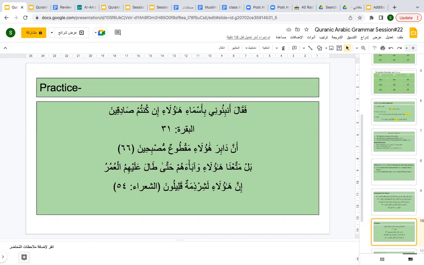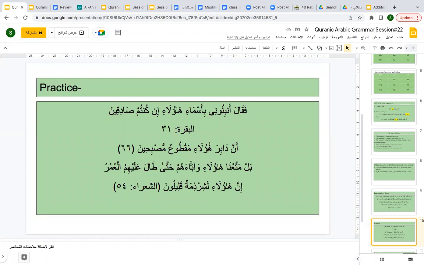So we know, even if I did not tell you, that if we don't consider it as a whole verse, and we just take haulai by itself, wa aba'ahum, we can say that here it is forming murakkabe atf. Waw was the connector. Haulai was matuf alayhi.